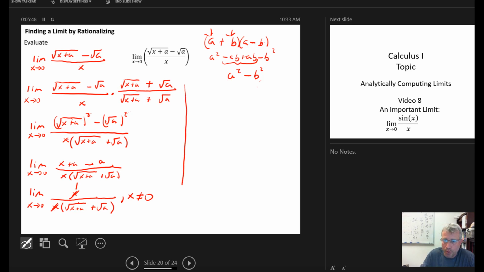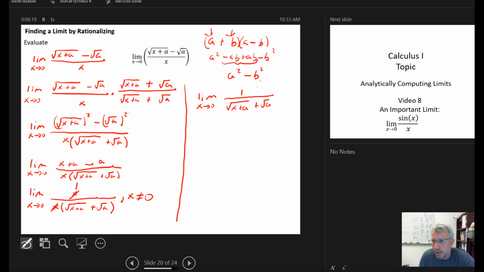So I'm going to pull my work over here. I get 1 in the numerator, so I have the limit as x goes to 0 of 1 over the square root of x plus a plus the square root of a. And what I want to notice now is that if I plug 0 in, I will not get a division by 0.